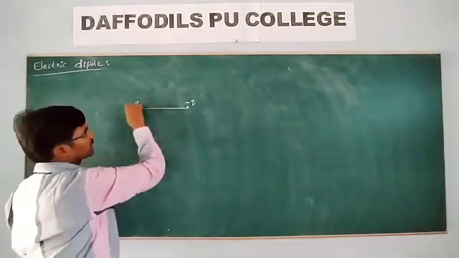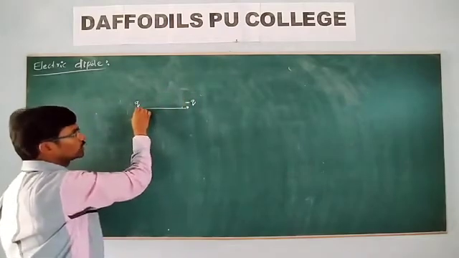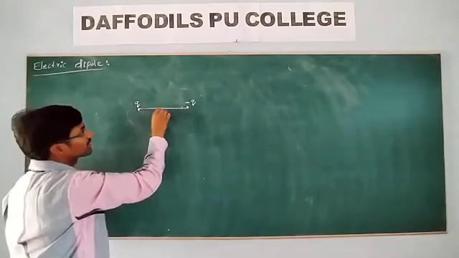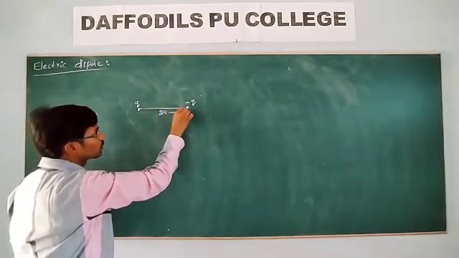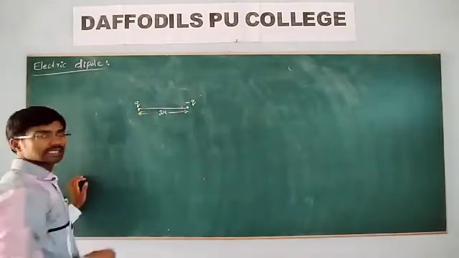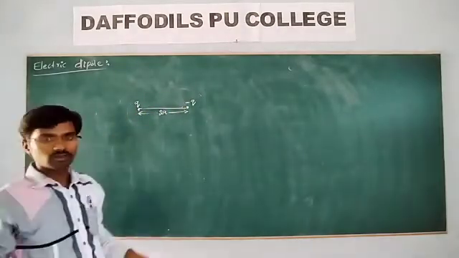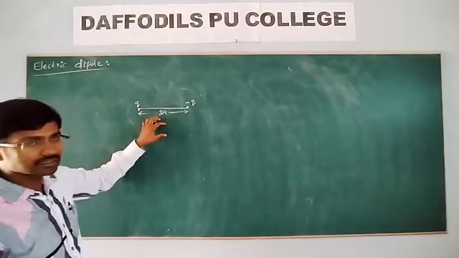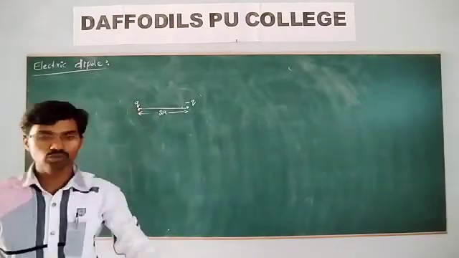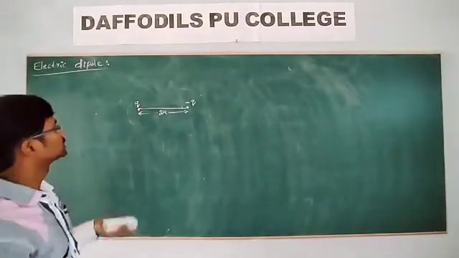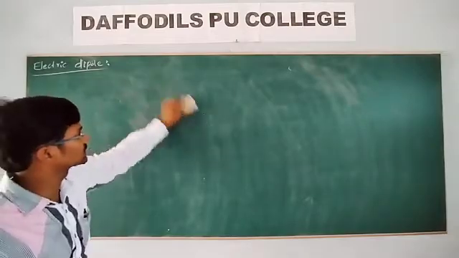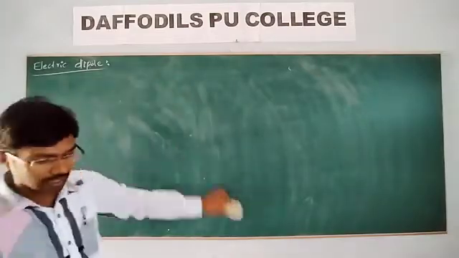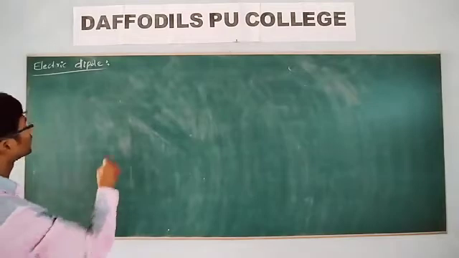When we have taken this one system, two equal and unlike charges which are separated by a very small distance, for observation we are drawing like this. When we have taken two charges which are separated by a very small distance, this system is called the electric dipole. So what do you mean by the electric dipole?